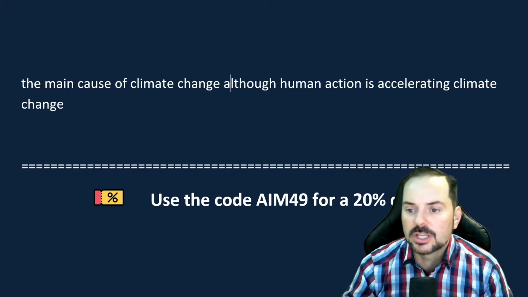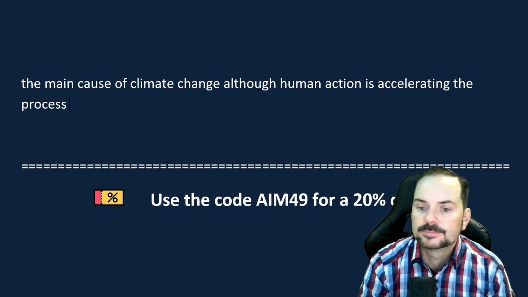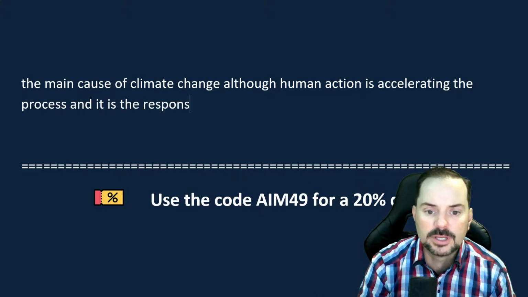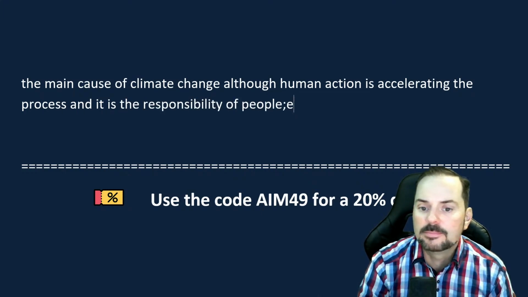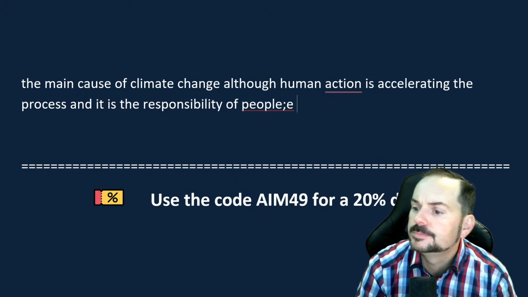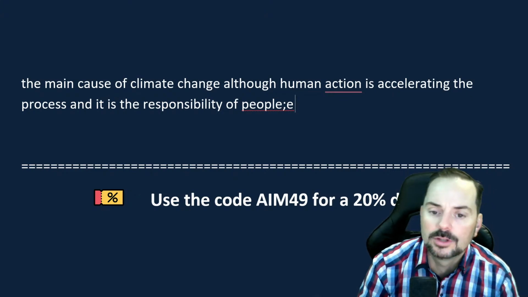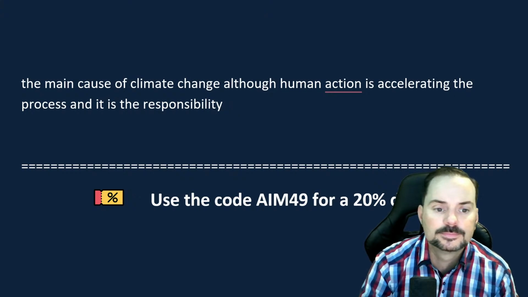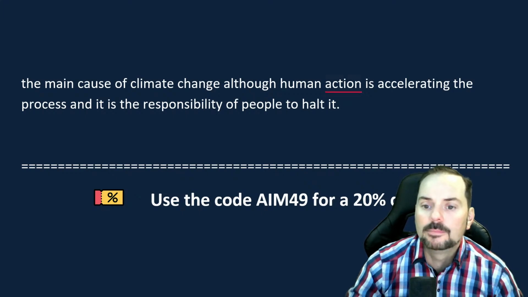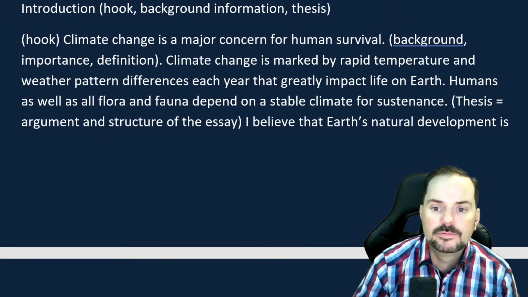Although human action is accelerating the process, and it is up to people, and it is the responsibility of people to, let's see what Amrit wrote there, to halt it. Okay, so that is my thesis statement.